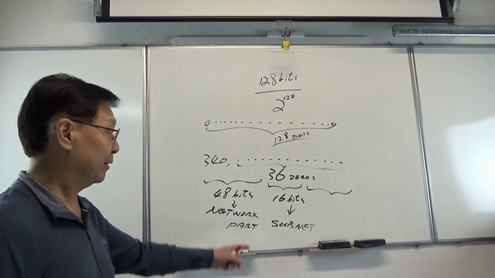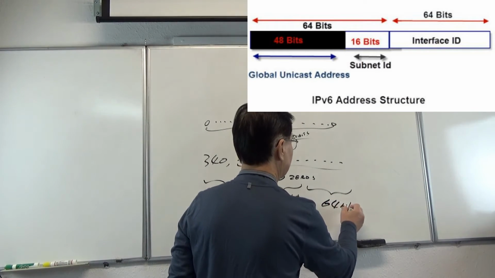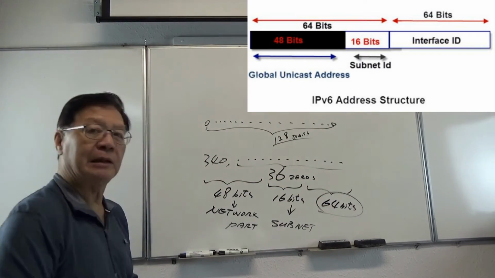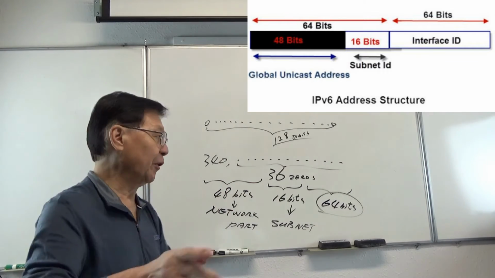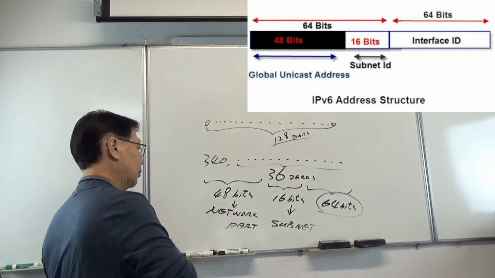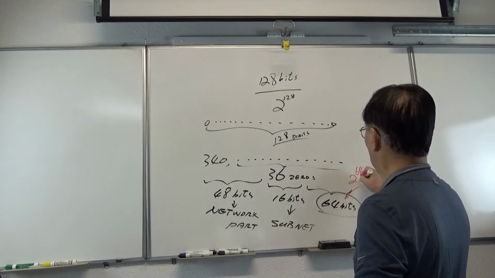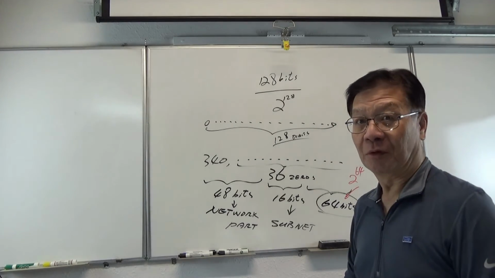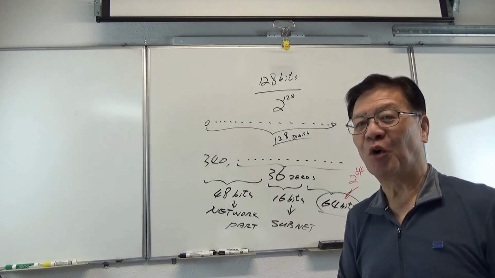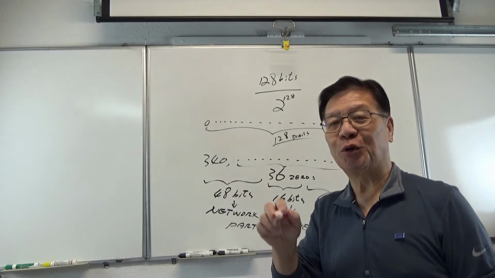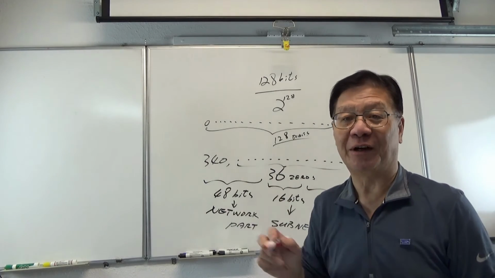The rest is how many bits? From the 128, we have 64 bits left. For what? For all individual devices. Once again, 64 bits equals 2 to the 64. That's a huge number too, right? Can you recall 2 to the 10 is K, 2 to the 20 is Mega, 2 to the 30 is Giga, 2 to the 40 is Tera.